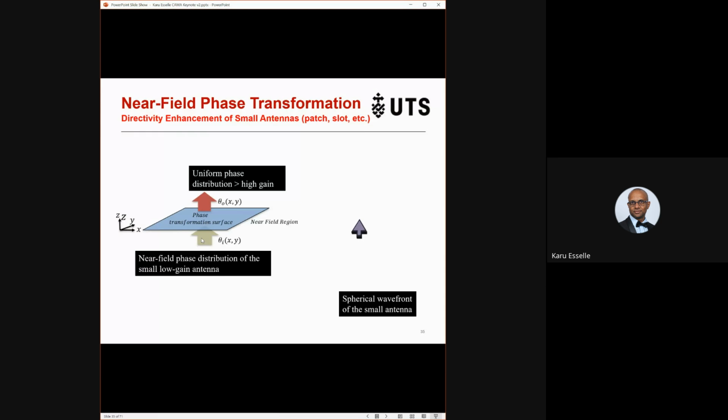There are two ways to increase the directivity of that kind of small antenna. One method we discussed yesterday. What is the method? If you think backwards, convert it to a resonant cavity antenna.